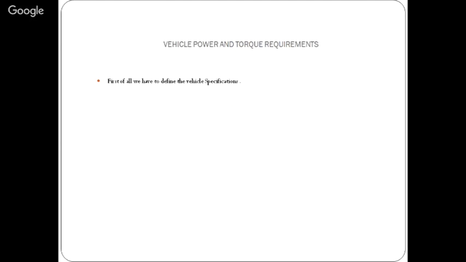Clear? So now I define my problem, vehicle power requirement. What will be my vehicle power requirement? This is my problem. First of all, we have to define the vehicle specification. The first specification is GVW, gross vehicle weight.